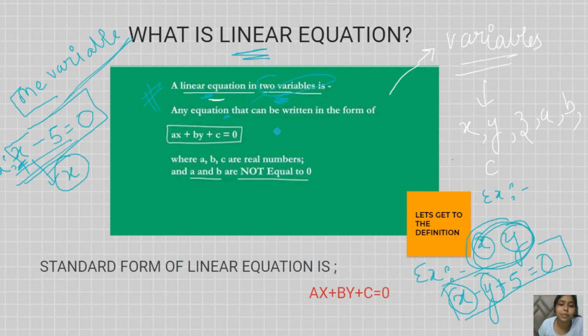And guys, one more very important thing: this is the linear equation standard form. This is the standard form in which any linear equation can be written. So what is the standard form? It is ax plus by plus c equals 0.